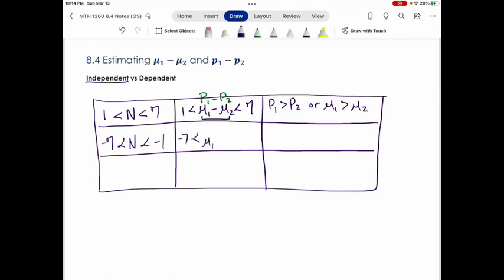So if I had -7 on one side of the inequality and -1 on the other, with mu1 minus mu2 or P1 minus P2 in between, then that difference has to be negative. And if it's negative, that means the first number is smaller. For example, 3 minus 7 gives a negative number because the 3 is smaller. So in this case, we would say mu2 is greater than mu1, or P2 is greater than P1.